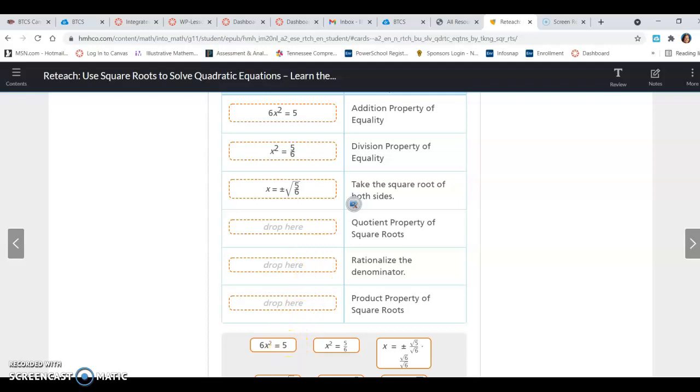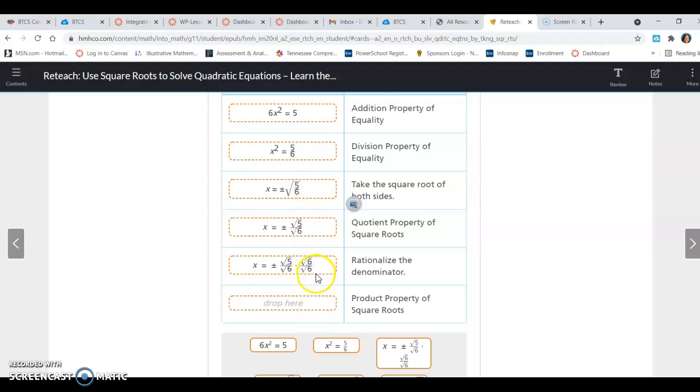Alright, and then we're going to look at the quotient property. Quotient just means division. So this is division. And then we're going to rationalize our denominator by multiplying top and bottom by the same thing.